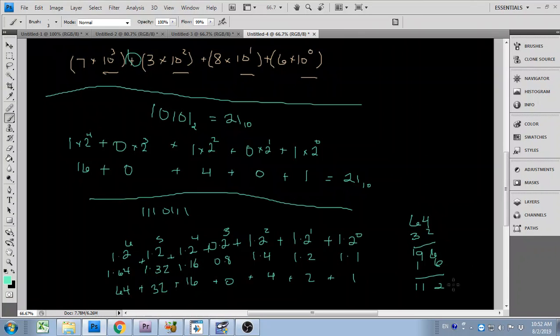That's 116. Let me rewrite that up here. 116. And then we have a 2 to add to that, so we have 118. And then we have a 1 to add, so that is 119. So a little bigger number. This is equal to 119 base 10.